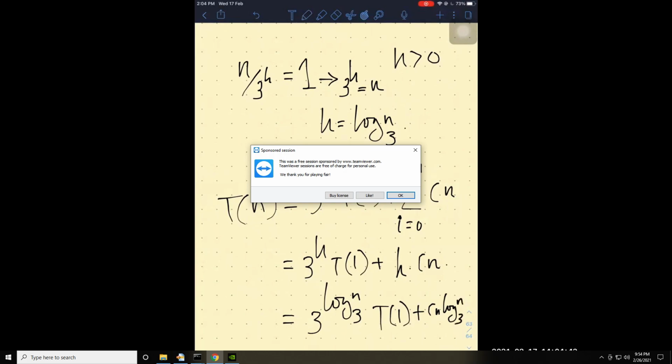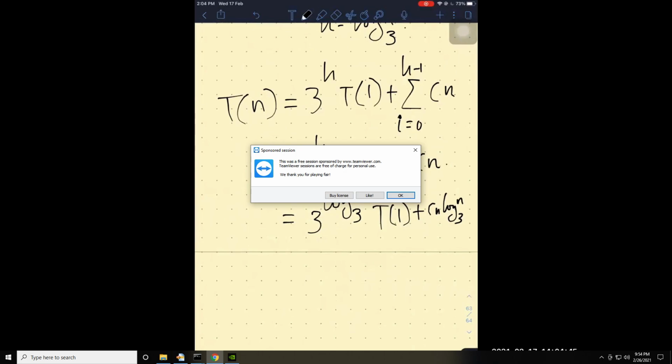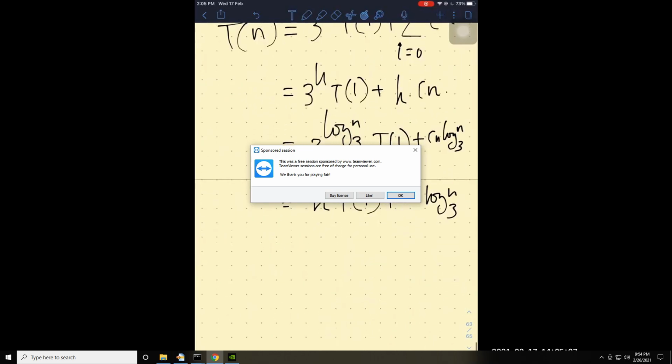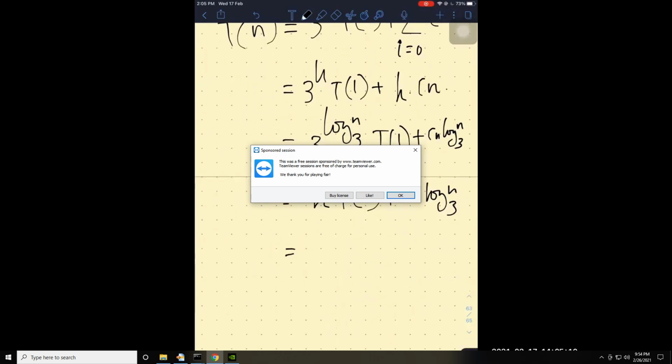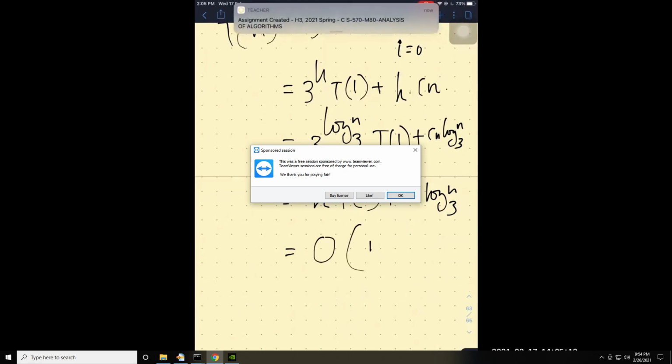If we simplify this, we'll get n times T of 1 plus c of n log n base 3. So here we have this term as the highest degree term, as it will go faster than n. So then the runtime of this algorithm will be big O of n log n. Is it clear how we are getting that?